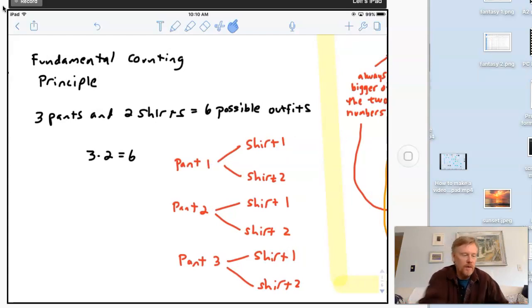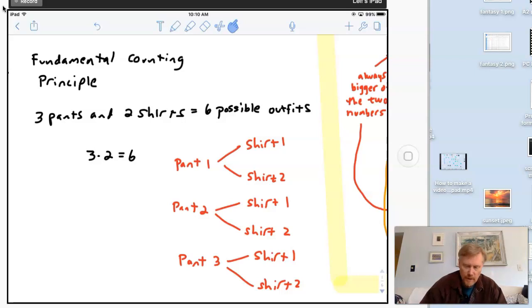Also, you could have done a number tree, where for each pair of pants you get a couple of limbs coming off for each shirt, which gives you 6 different possibilities if you count down all those rows. That's the other way you might have done it. But that's the fundamental counting principle, so you might see some of those problems as well.